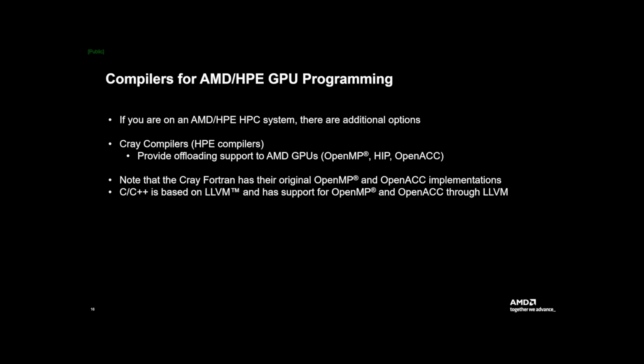So some of the newest features may not be there, but they do have a very mature implementation. Their C++ compilers have switched to being based on LLVM. And they have the support for OpenMP and OpenACC through LLVM. LLVM really hasn't implemented OpenACC yet, though they have said that they would do that in the future through translating it to OpenMP.